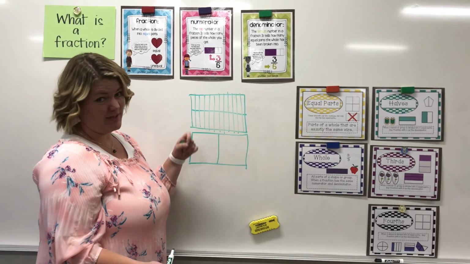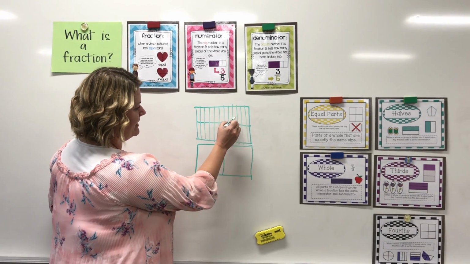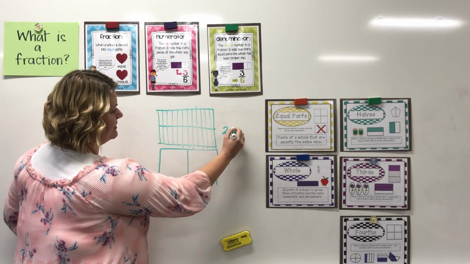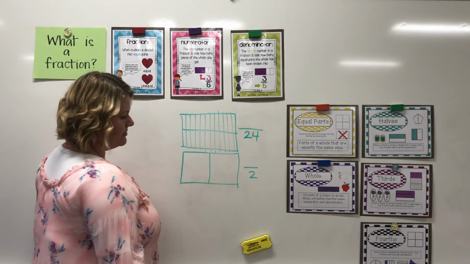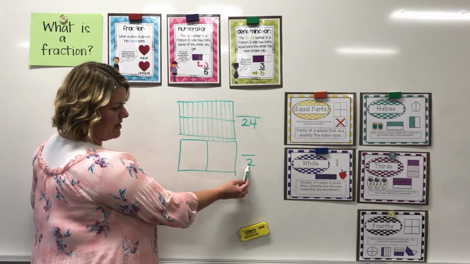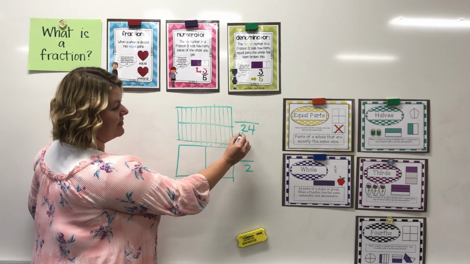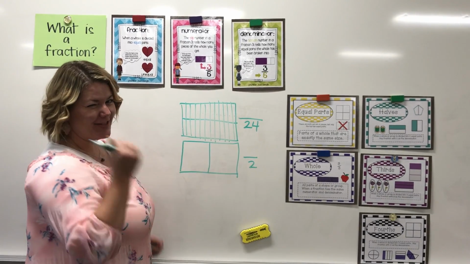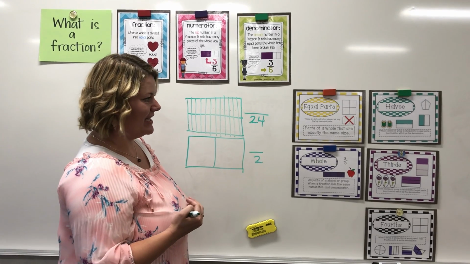I don't necessarily want to share that candy bar because we've got 1, 2, 3, 4, 5, 6, 7, 8, 9, 10, 11, 12 times 2. So here the denominator is 24. Here the denominator is 2. So the smaller the number in your denominator, the bigger the pieces. The bigger the number in the denominator, the smaller the pieces. That's kind of opposite of what we're used to thinking.